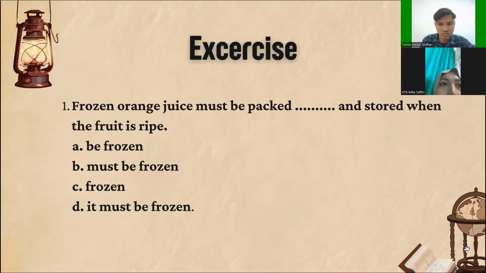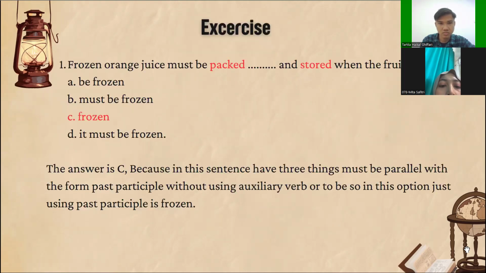The answer is frozen, C, because in the sentence there are three things that must be parallel, in the form of past participle without using an auxiliary verb or to be. In this option, only frozen is a past participle.